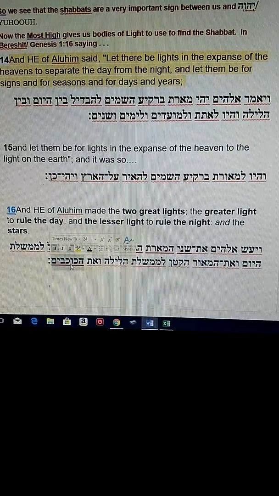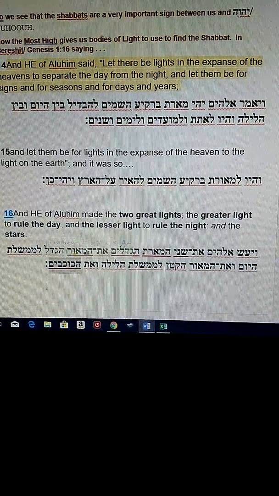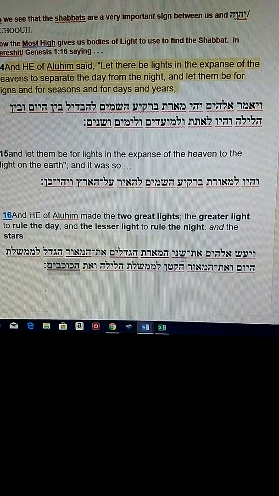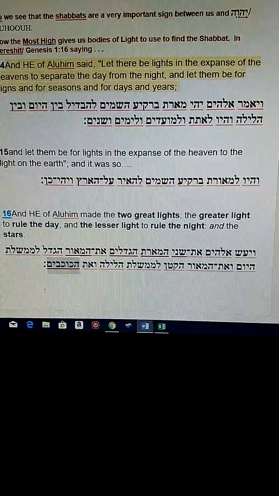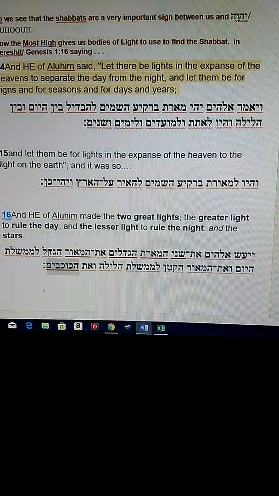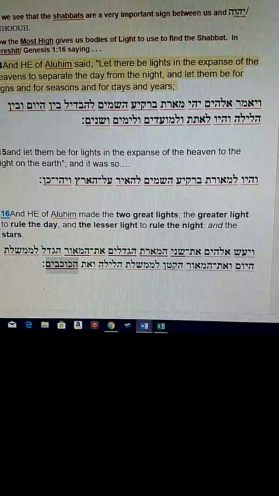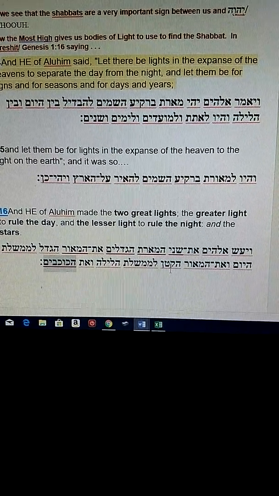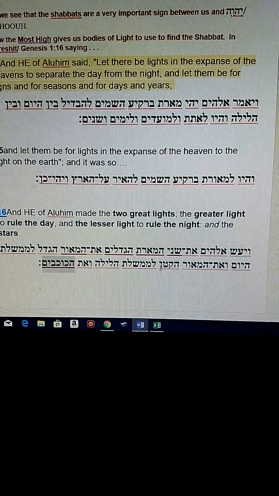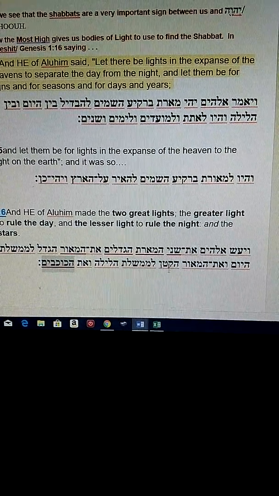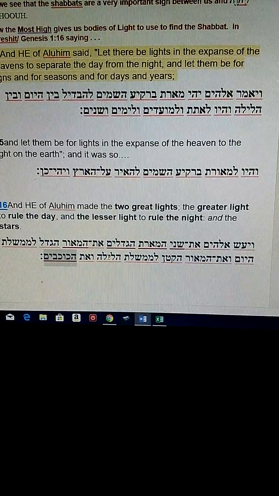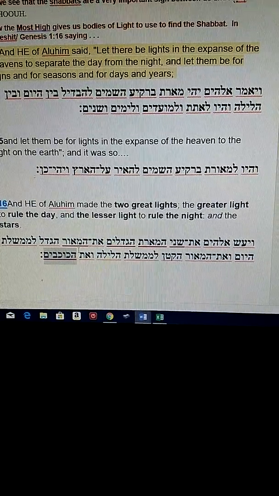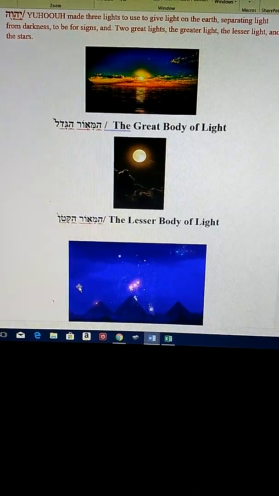Very, very important word. But these three signs: we have the great light, ha-ma'or ha-gadol, and then we have ha-ma'or ha-katan, the lesser light, and then we have ha-kokhavim.